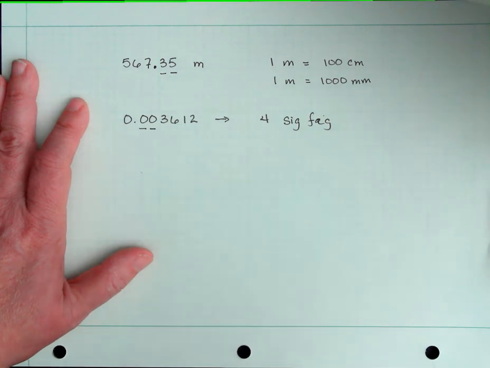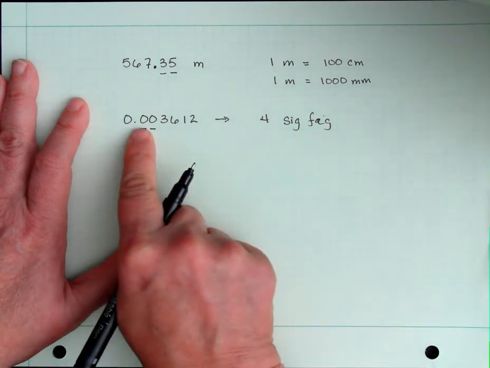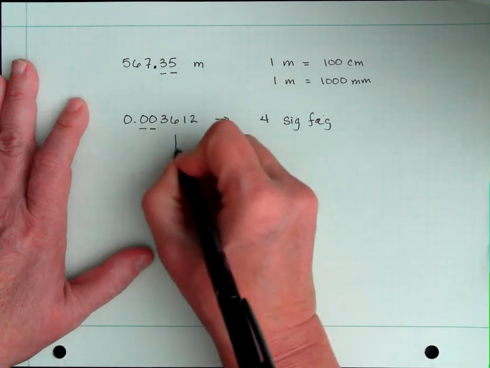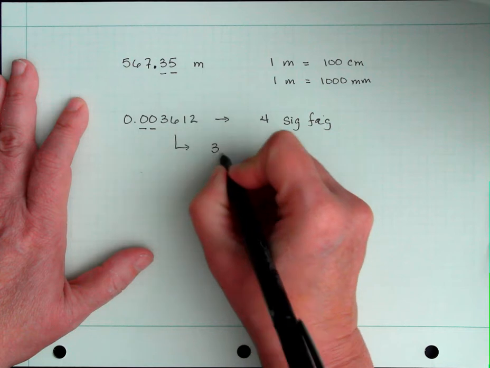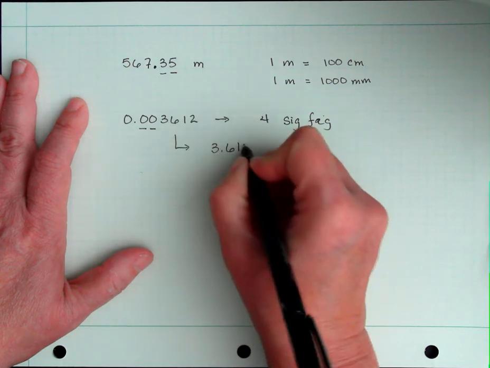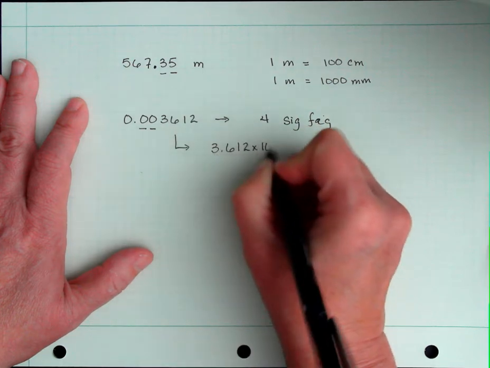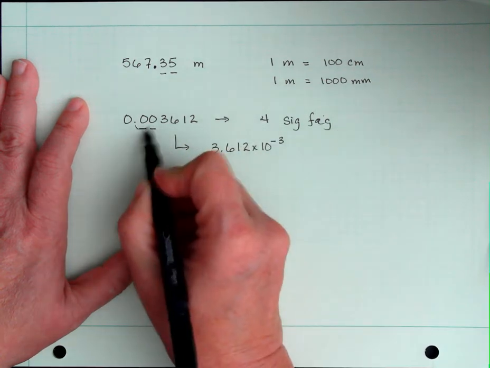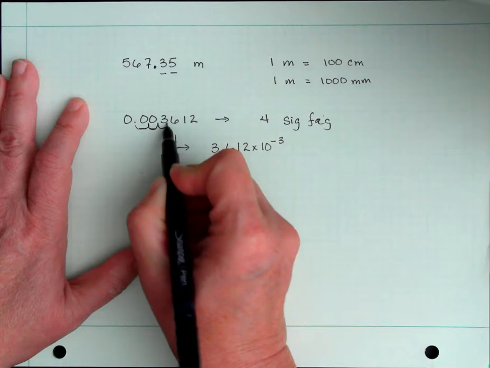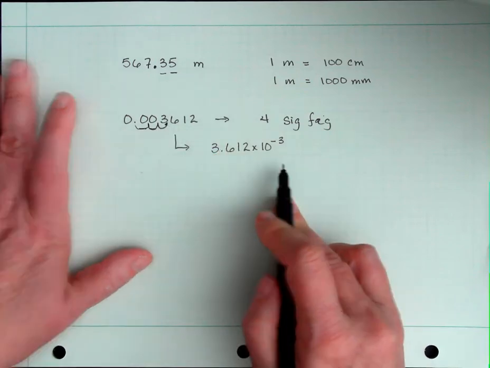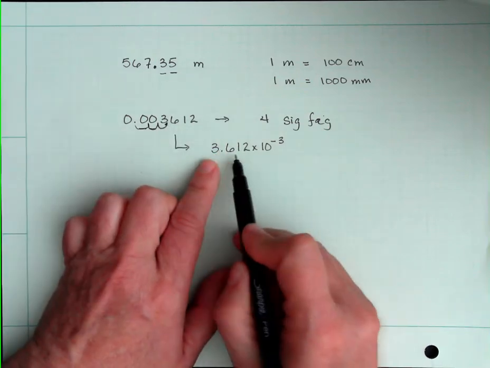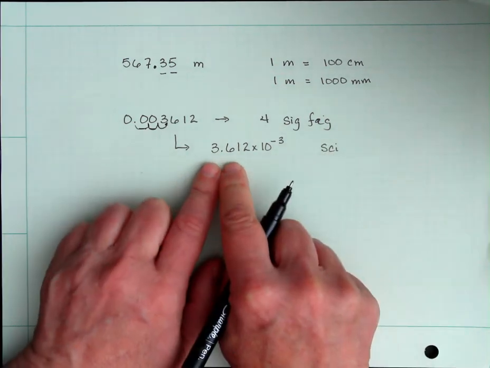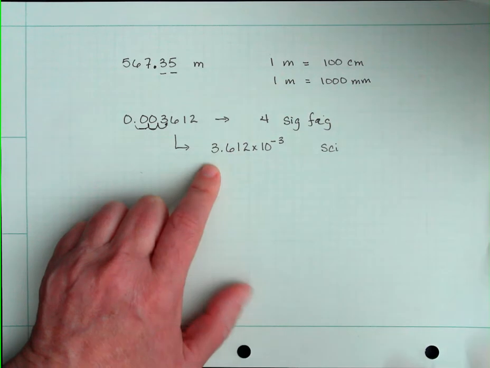One of the ways that I can tell that those zeros are just placeholders is if I write this in scientific notation, and this would look like 3.612 times 10 to the minus 3, because you count 1, 2, 3, and it gives me my 10 to the minus 3. All of my digits, when I'm doing scientific notation, are going to show up as significant. So that really does help us out.